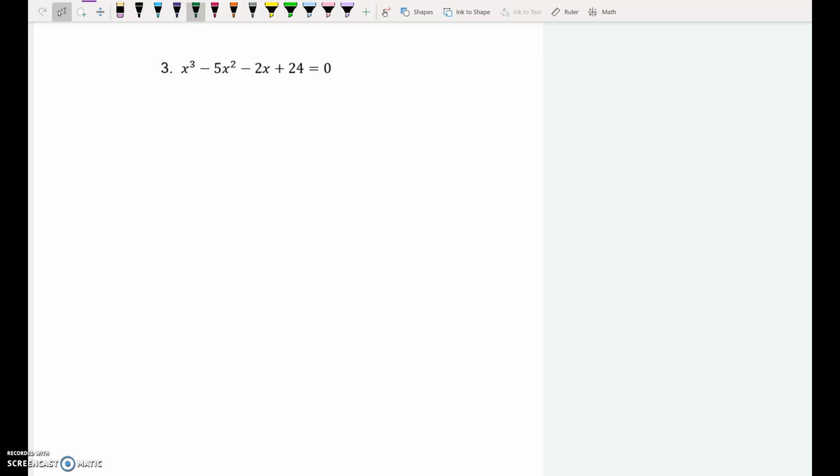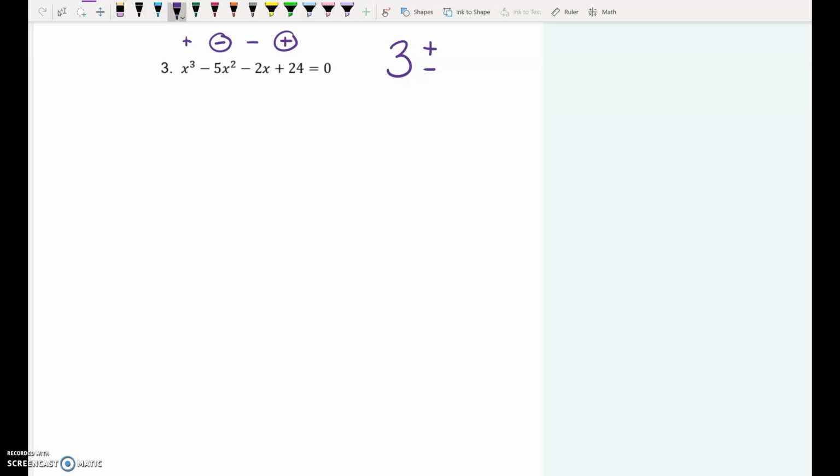Okay, first of all, how many possible solutions? 3. How many positive solutions? 1. The sign changes. So this term is positive, this term is negative, so we change to negative. We stay negative, this term's positive, that's a change. So we were positive, change to negative, stay negative, change to positive. There's 2 sign changes.